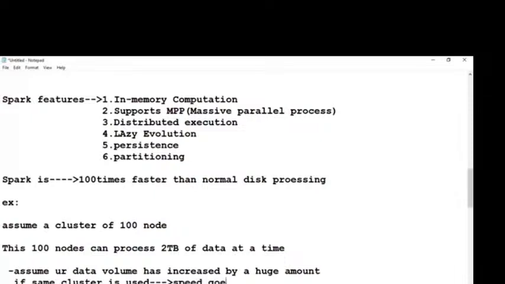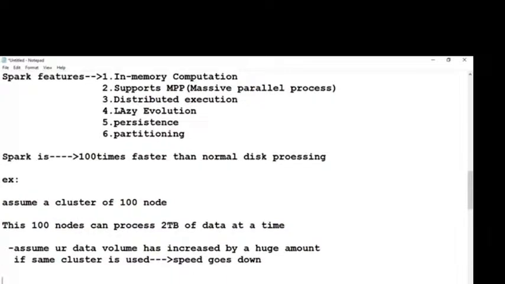If the same cluster is used, speed goes down, right?